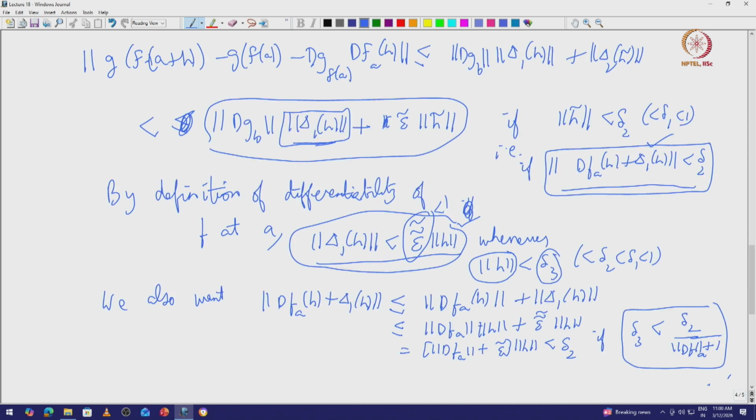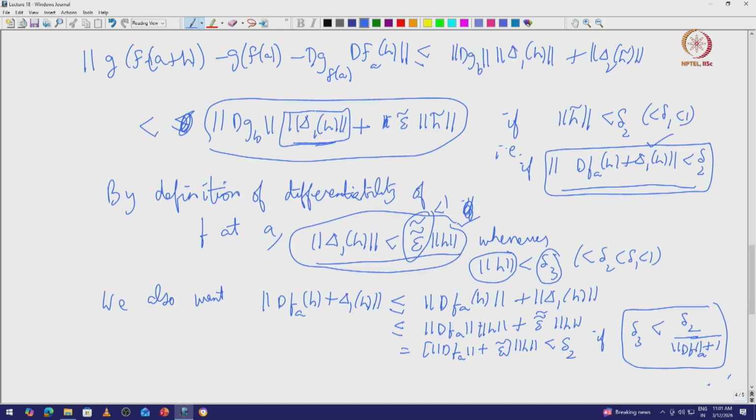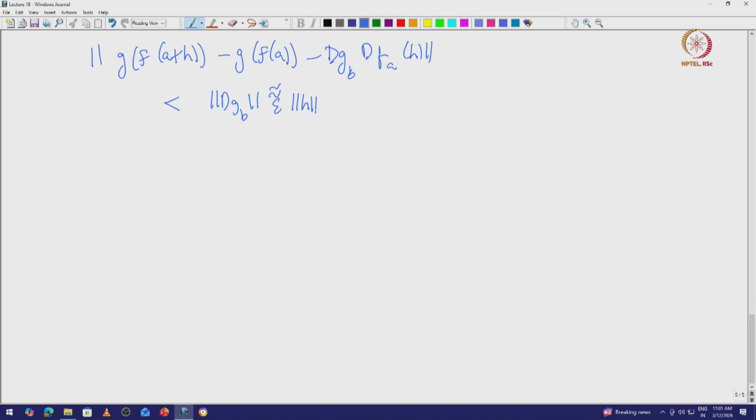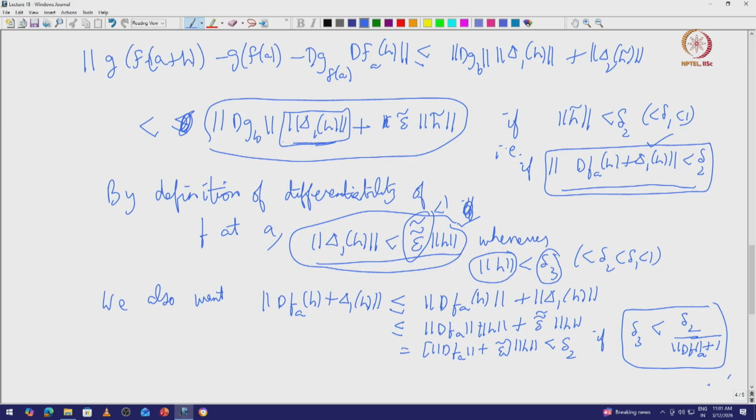It's less than epsilon double tilde times norm H. Right. And plus epsilon tilde times norm H tilde. What is norm H tilde? So what is norm H tilde? It is this, right? Which we already know is less than this.